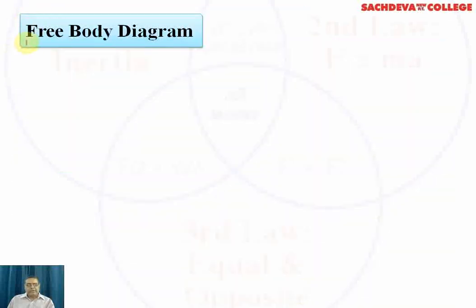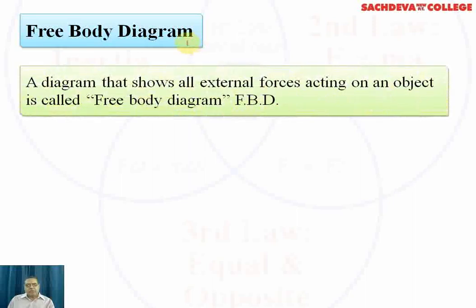Now, the next discussion is regarding the free body diagram. In the free body diagram, we consider an object and the external forces acting on it. When external forces act on a particular mass, that depiction of forces on the body is called a free body diagram. So we can say a diagram that shows all external forces acting on an object is known as a free body diagram.